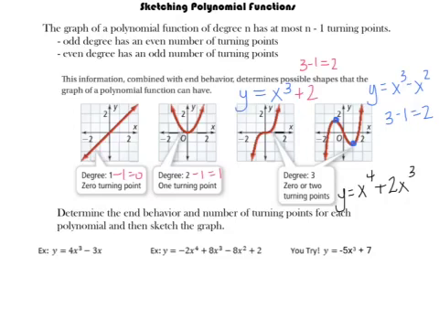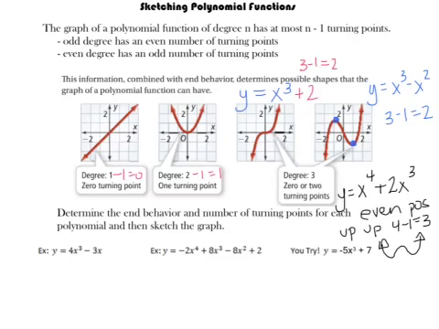Since we have an even degree and our lead coefficient is positive, then we know our end behavior is up and up. Positive people bring you right up. Because our degree is 4, then 4 minus 1 gives us 3 turning points. So our graph would look like this, something along those lines, like a W.